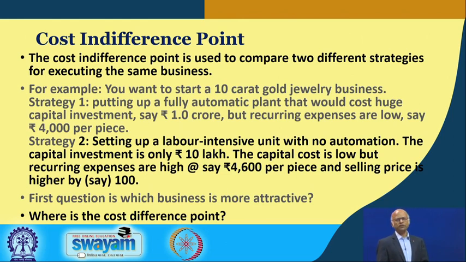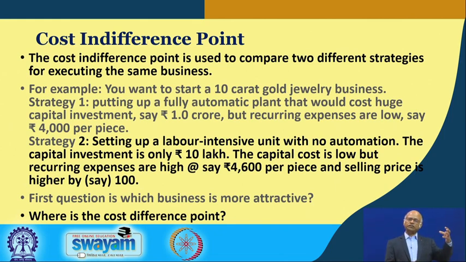Cost indifference point we have discussed. See, cost indifference point is a point where businesses of different kinds of cost structure meet at one point, the profit meets at one point, meaning that the profit is indifferent of their cost structure at a particular point.